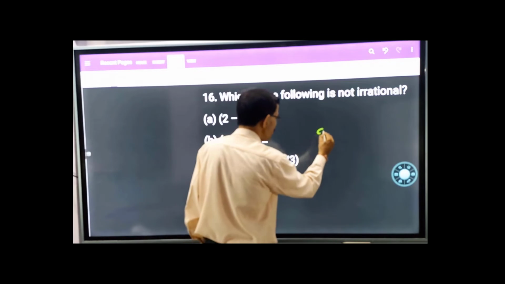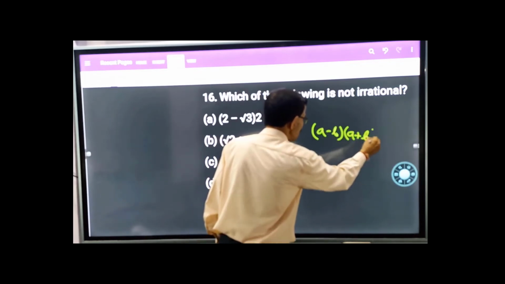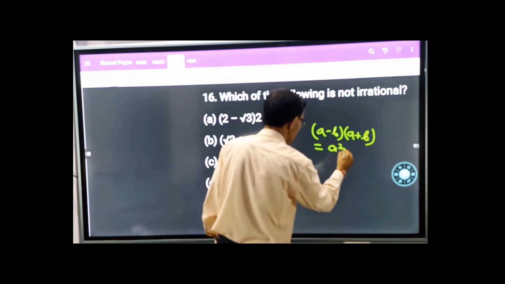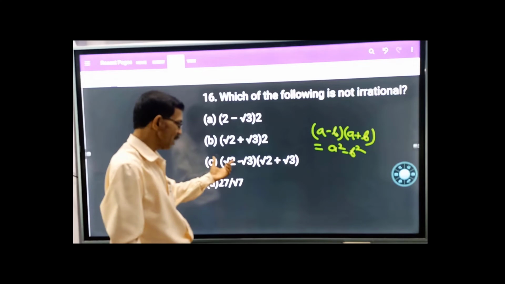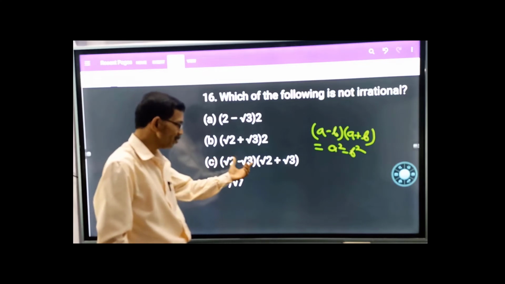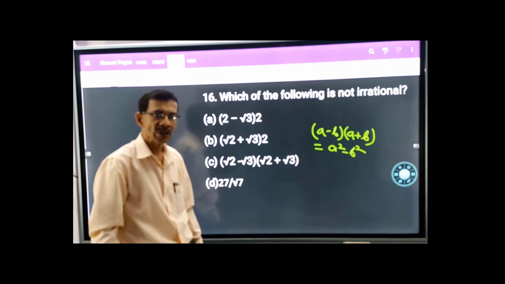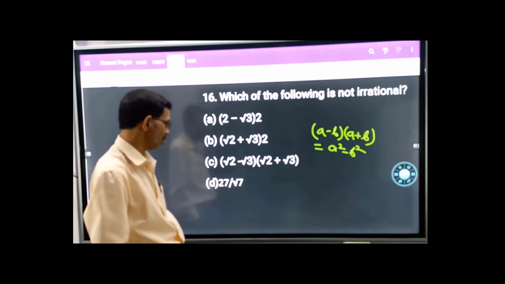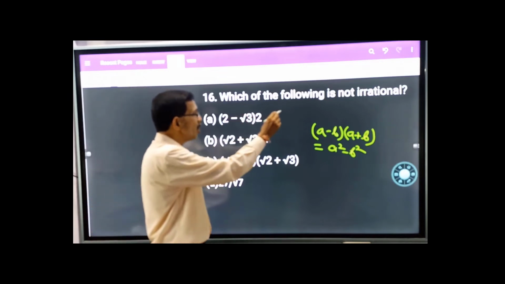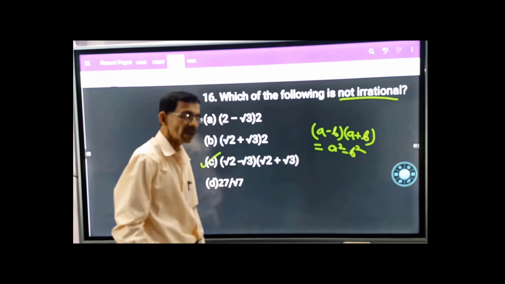So a plus b or a minus b into a plus b. This is equal to a square minus b square. And when we do a square is root 2, b square is root 3. That root sign on both the numbers goes, and so the number becomes rational and it is not irrational. So the option C is the correct option.